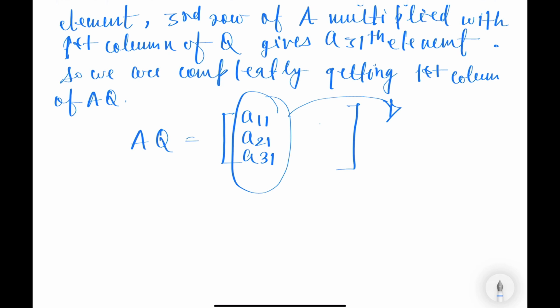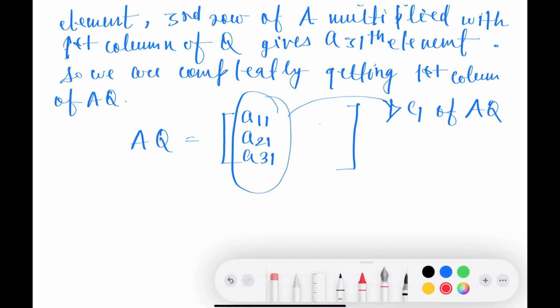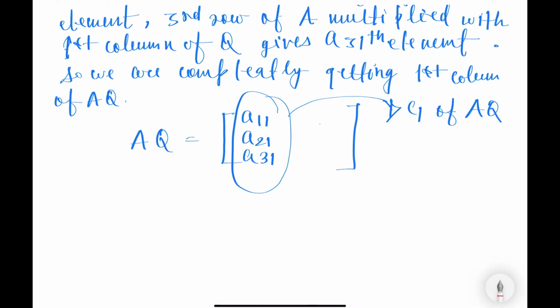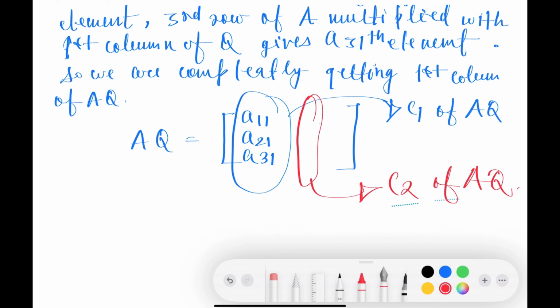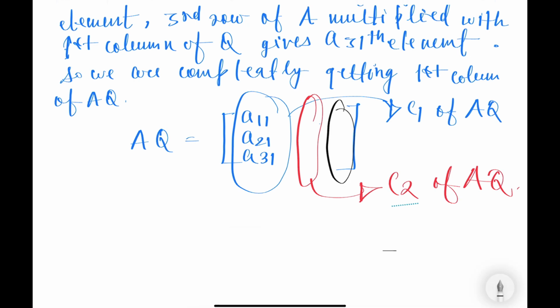We are getting C1 of AQ, then we are getting C2 of AQ, then we are getting C3 of AQ at last.